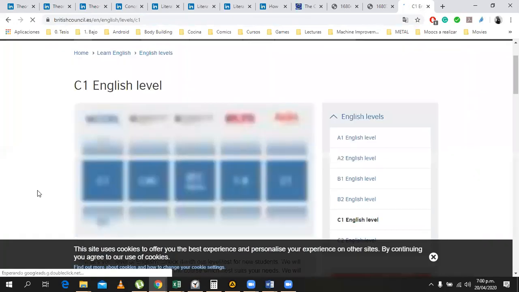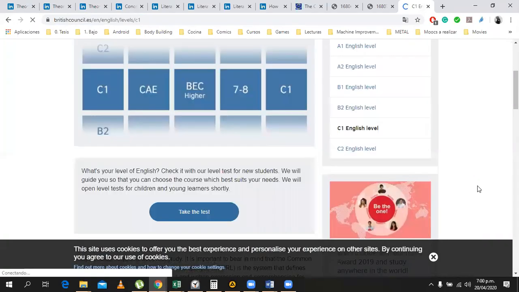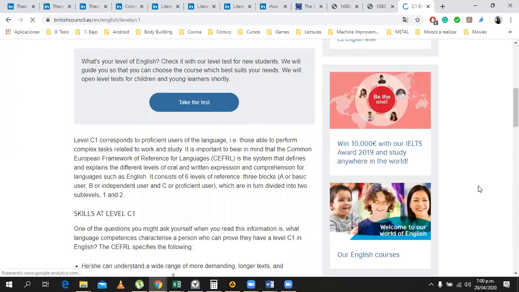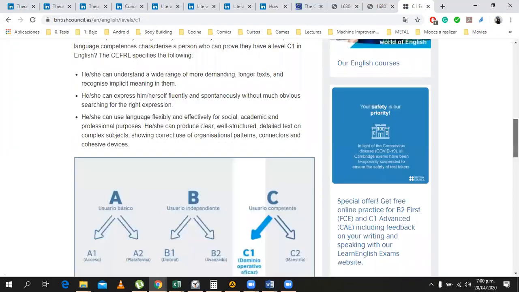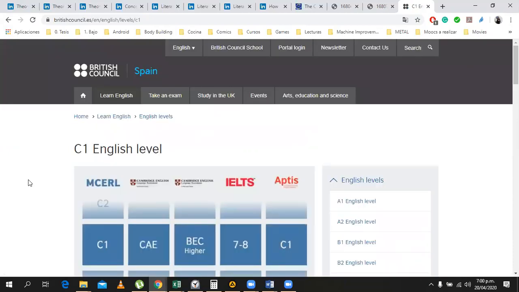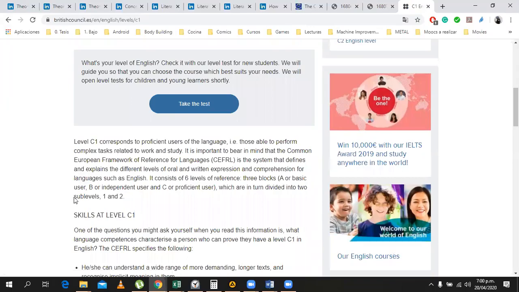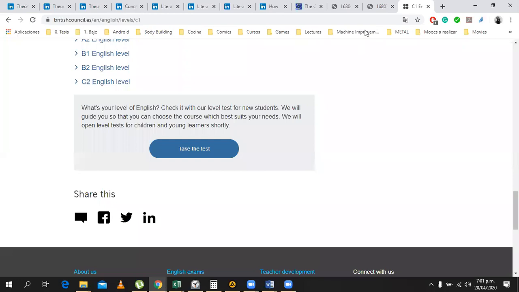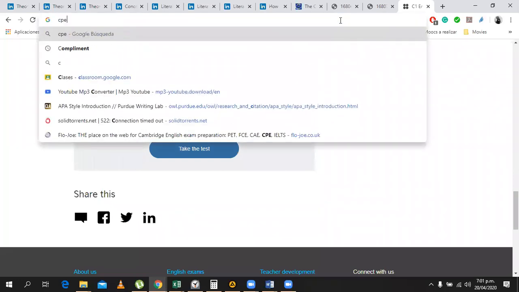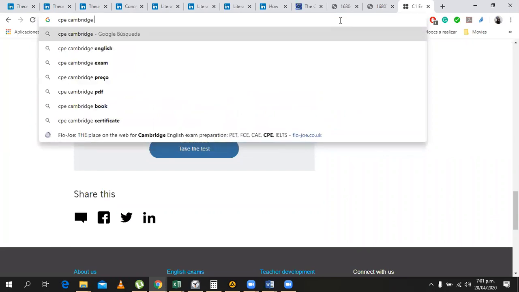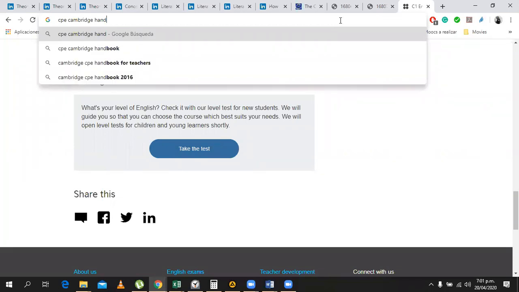And if I'm not wrong, we're going to look for further information from the CPE test, right? So it's going to tell us what to take into account as a summary, but if I'm not wrong, it's going to be the CPE Cambridge handbook.